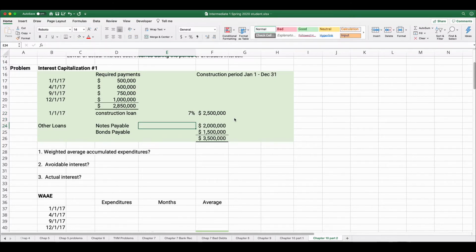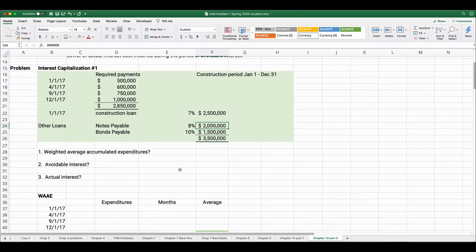The notes payable is going to be 8%. The bonds payable is going to be 10%. We have the construction loan of $2.5 million, the notes payable of $2 million at 8%, and the $1.5 million bonds payable at 10%. All right, so this is our given information.